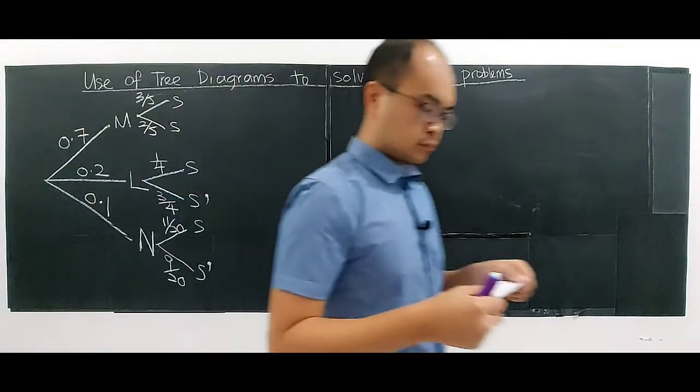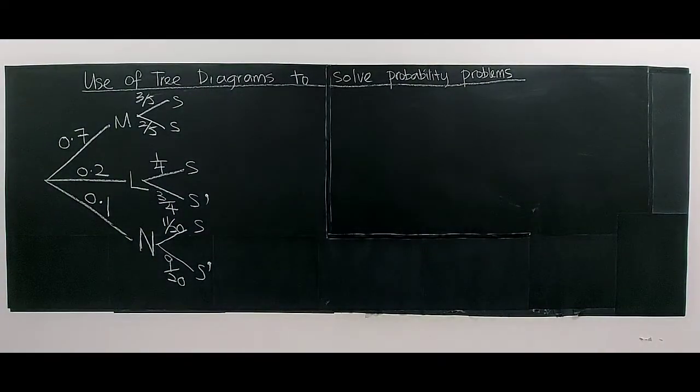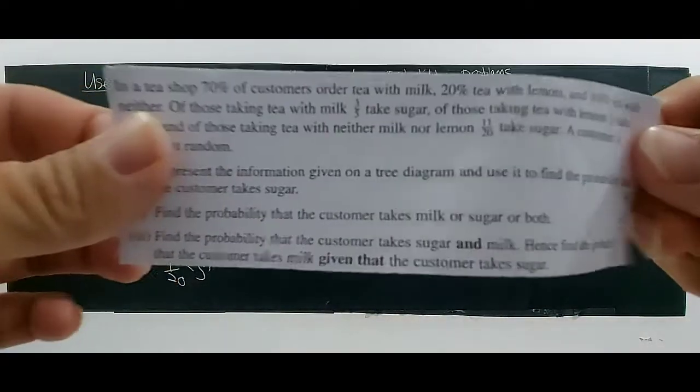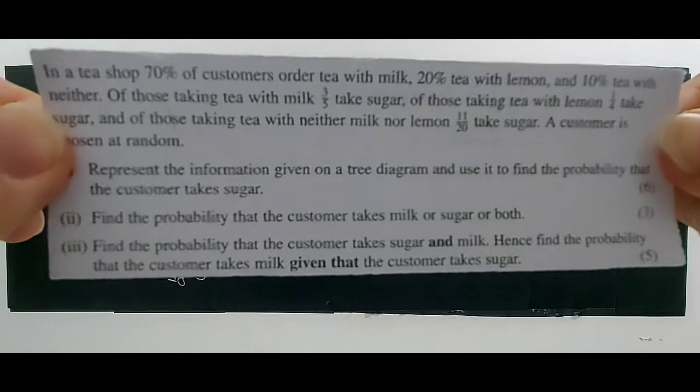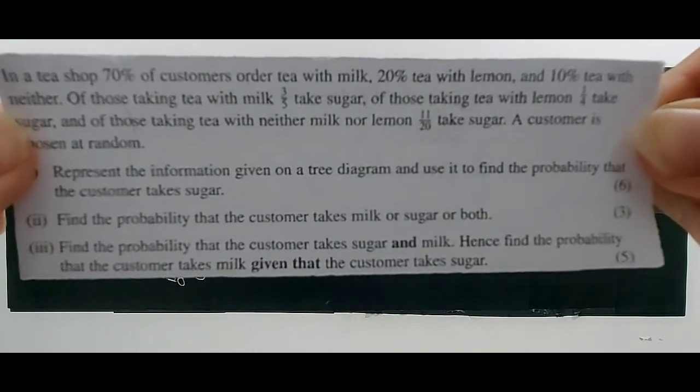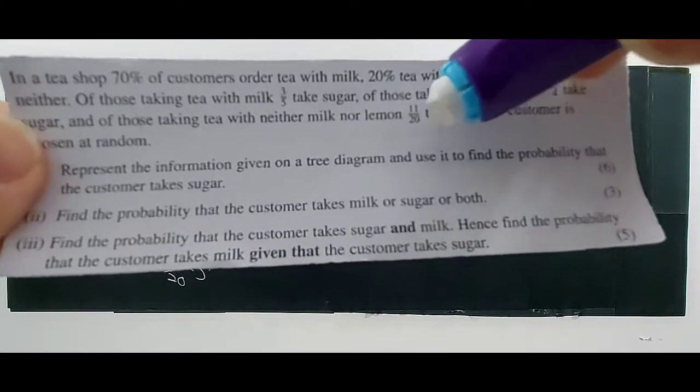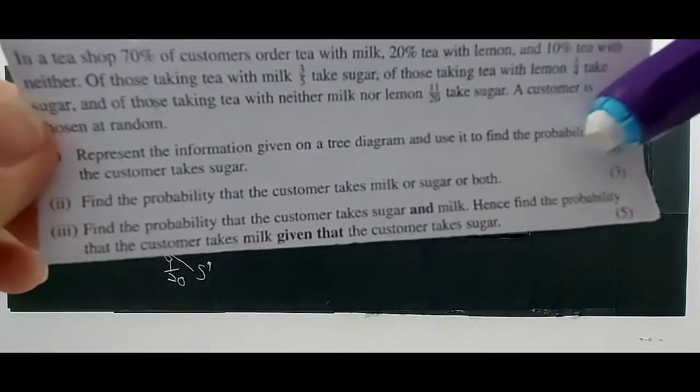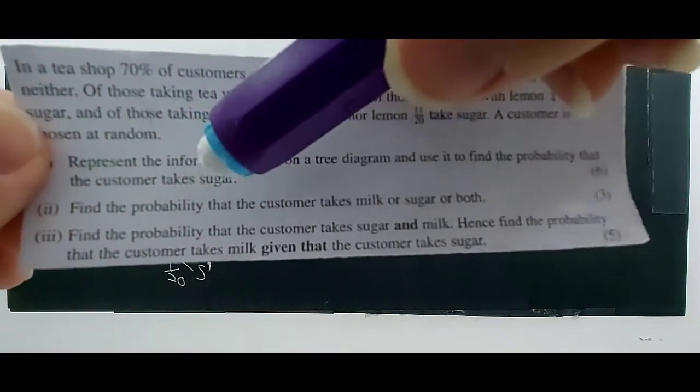So now, try to read the question again. I have represented the information given on the tree diagram, and now we use it to find the probability that the customer takes sugar.